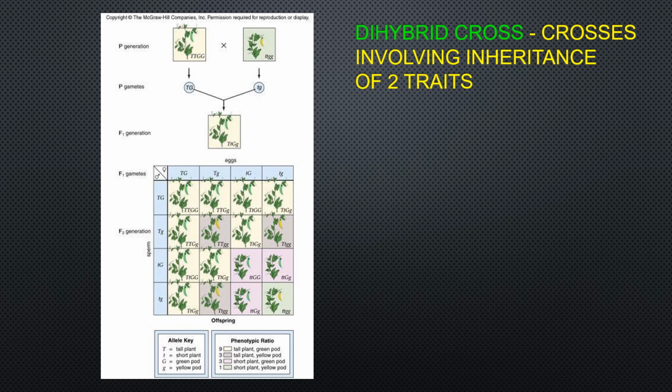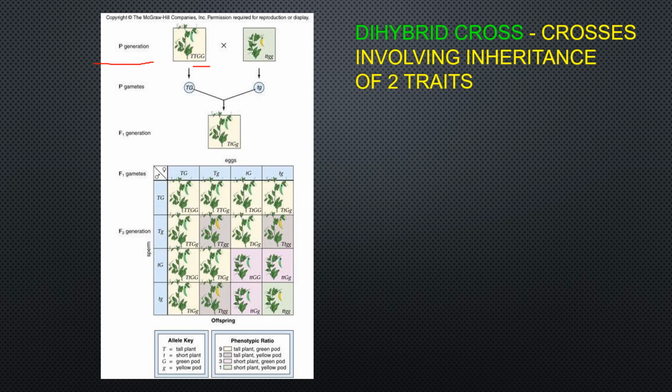So when we look at crosses that involve two traits, we call that a dihybrid cross. And so for each one, we have to denote the genotype. For instance, our P generation here is tall and green, and this is homozygous dominant for both of those traits.